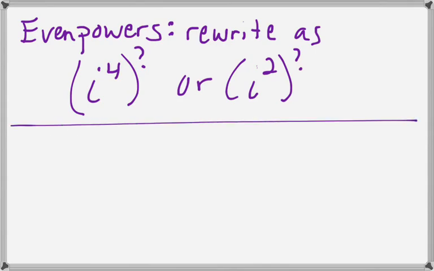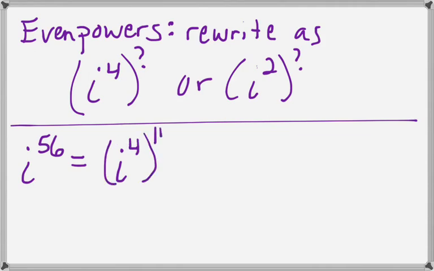So, for example, for i to the 56th, you could write this as i squared to a power because 2 goes into 56. However, 4 also goes into 56. So 56 is 4 times 14. If you have an exponent already and then you raise that number to another power, that's the same as multiplying the exponents. So that's why we can write it this way, since 4 times 14 is 56. And then i to the 4th is 1. So we have 1 to the 14th, which is just 1.